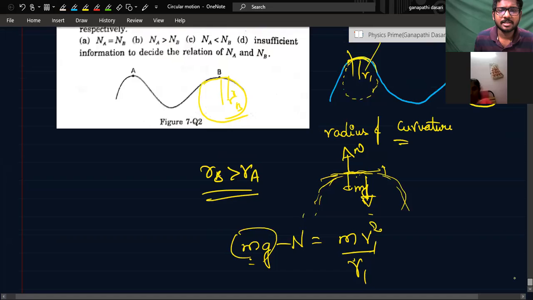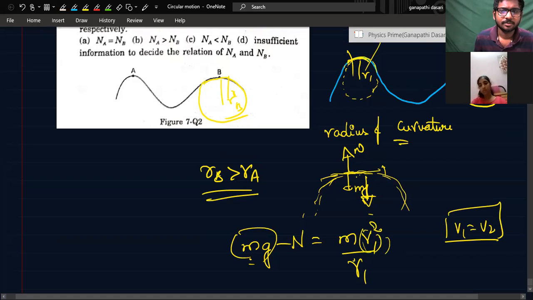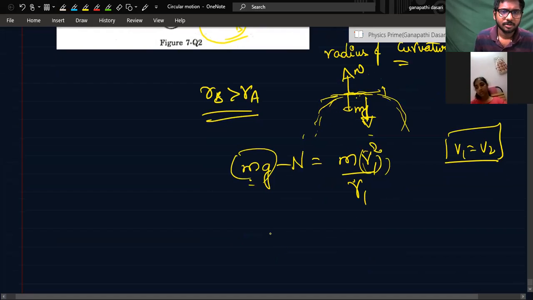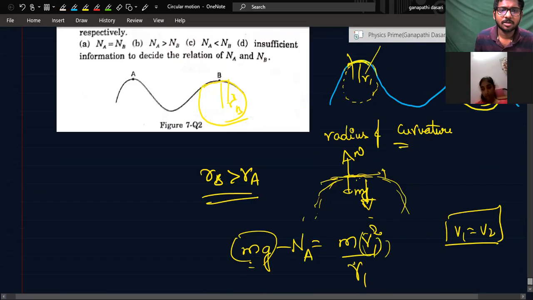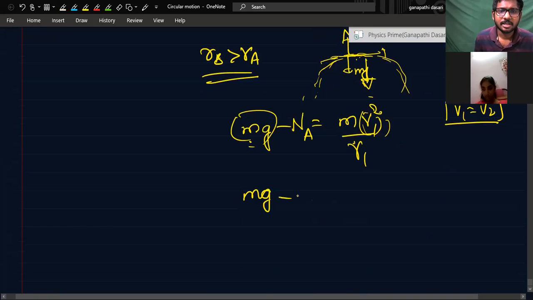Constant speed means the magnitude we are taking is equal in both cases, v1 and v2. So mg minus Na is equal to mv1 square by r1. For the second curve it is similar: mg minus Nb is equal to mv2 square by r2.